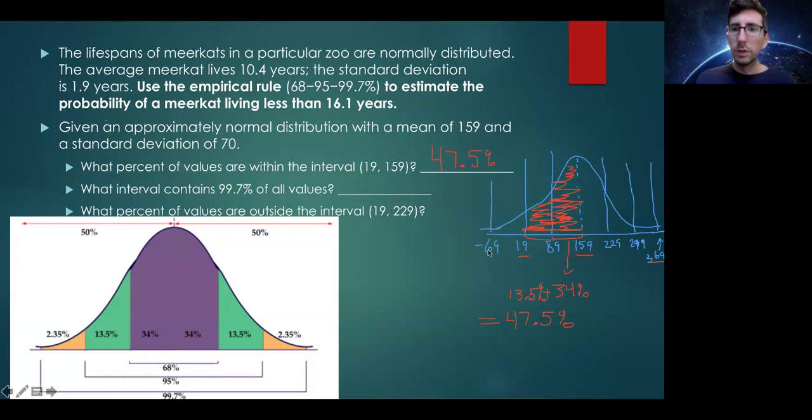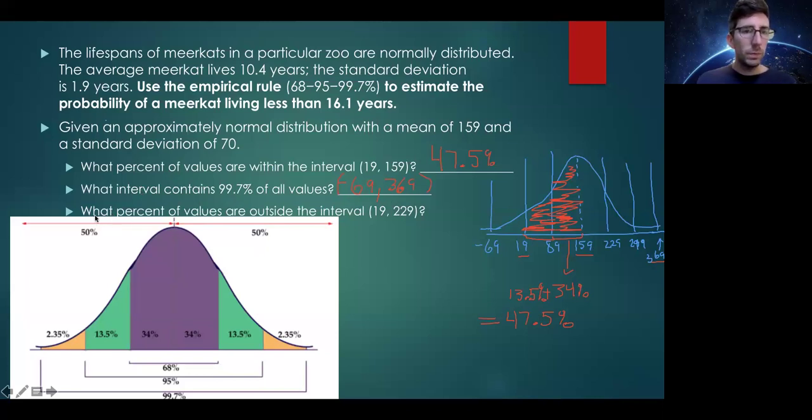So the interval that contains 99.7% of our data is negative 69 to positive 369. And you can write parentheses there if you want to show that it's an interval.